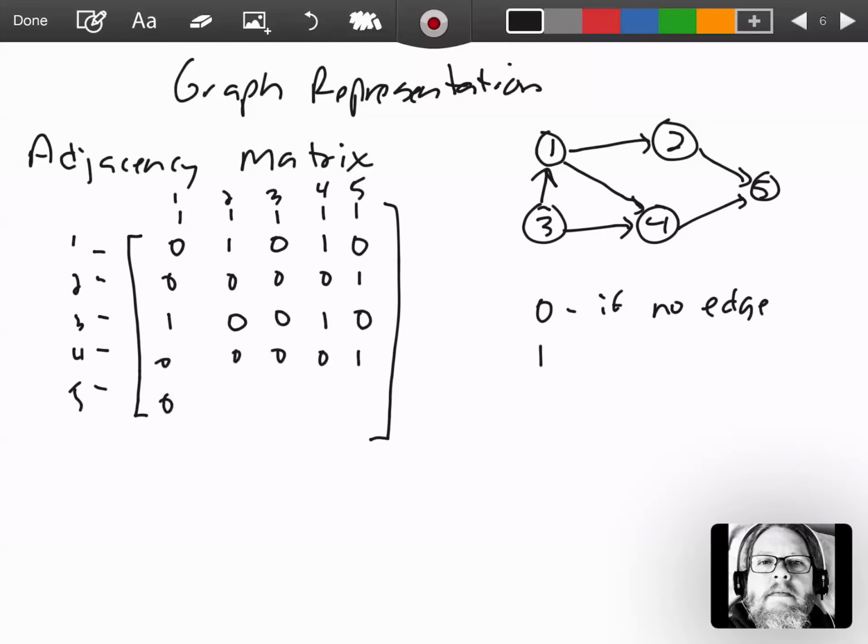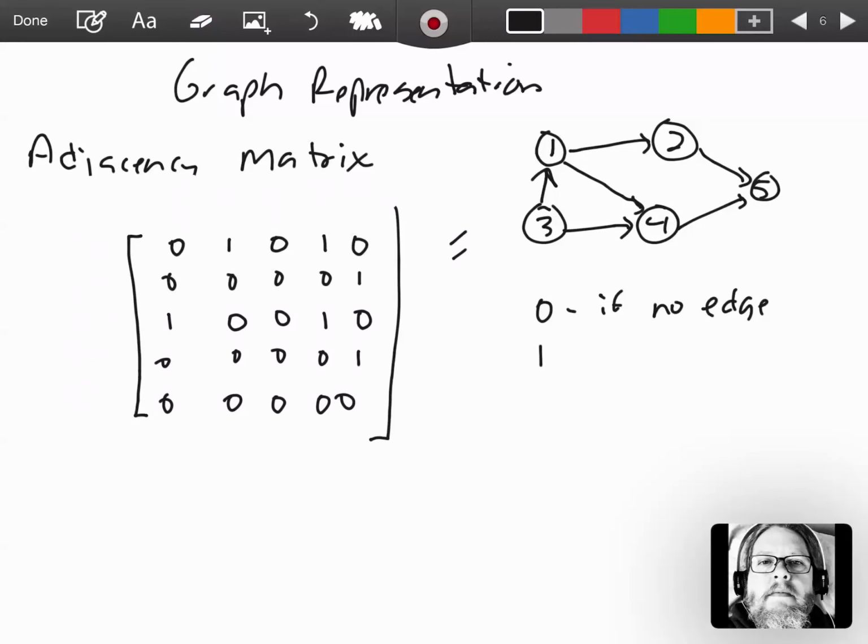And 5 cannot get anywhere. So this adjacency matrix, and again, you would typically not put those labels in there, is equal to this graph. Okay. And that's the way we typically are going to do it.